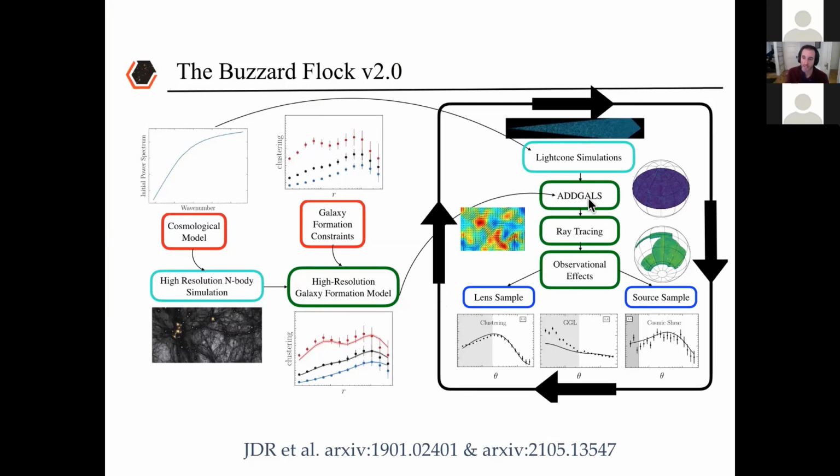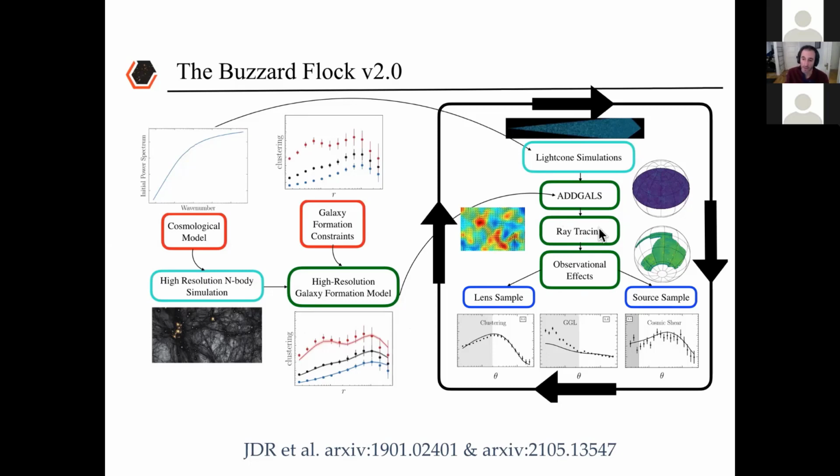We then train this ADGALS model on this high resolution simulation and run a bunch of low resolution simulations. We can then populate those low resolution simulations with this ADGALS model, and those galaxies will look identical to the galaxies that we got from the high resolution model, but now much more cheaply.